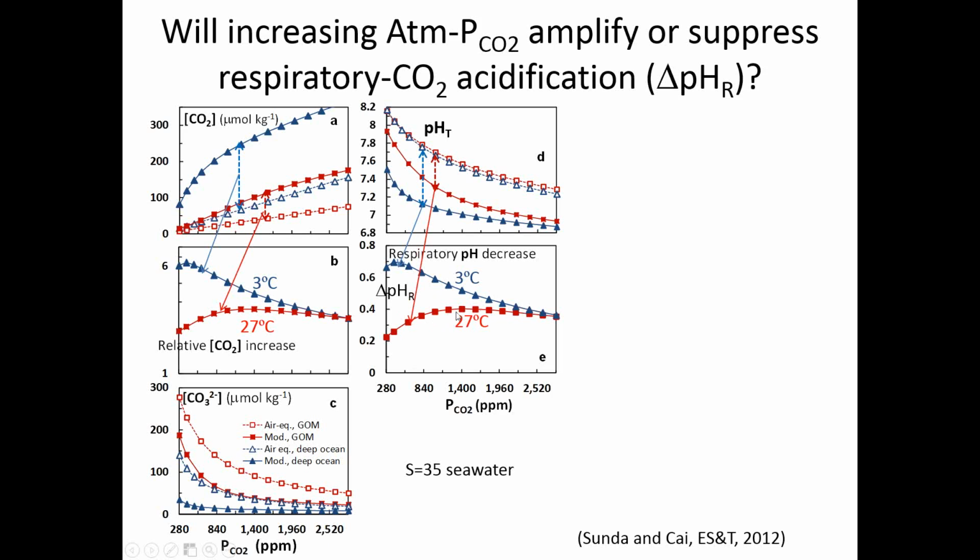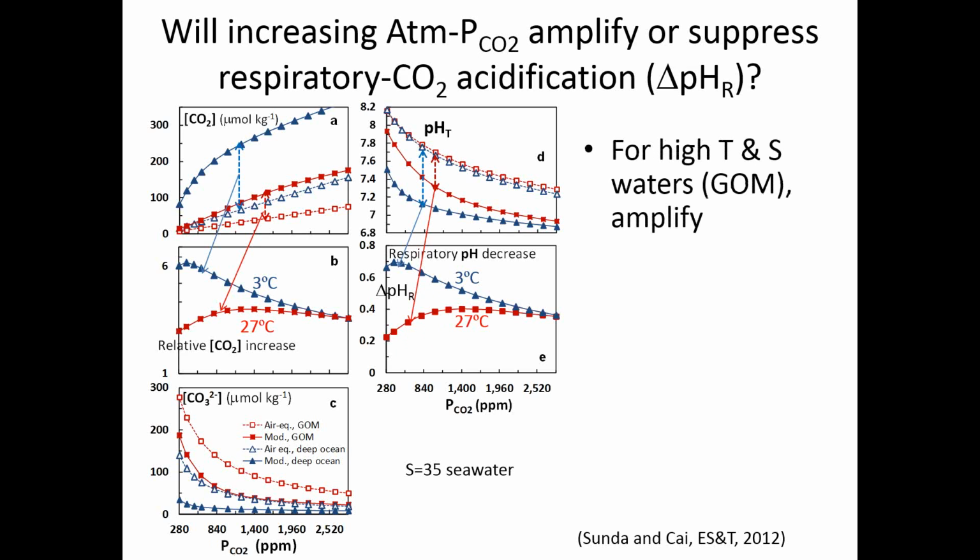Actually it keeps increasing until a much higher atmospheric CO2 of 1,400. It reaches a maximum and then it starts to decrease. So why is there this big difference? Okay, the lower temperature one still has much more delta pH change because this system is poorly buffered, and the high temperature one is much better buffered, because of the K2 effect.